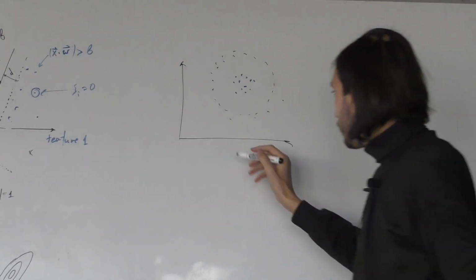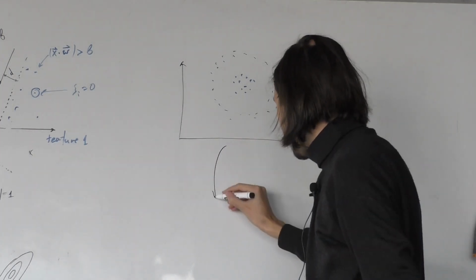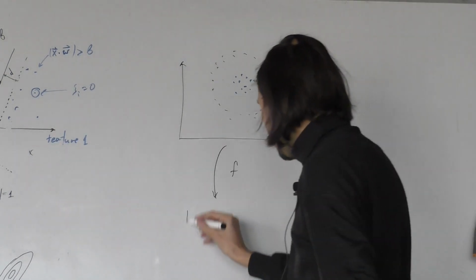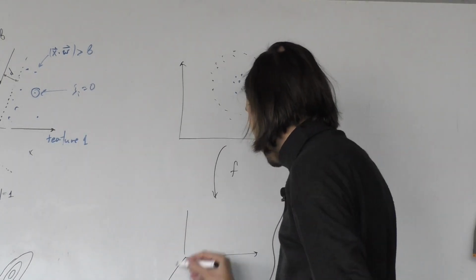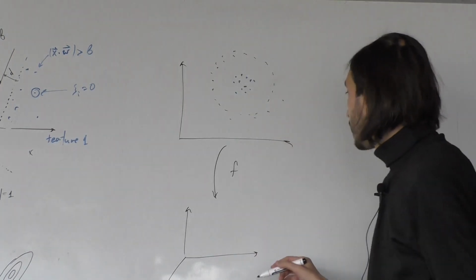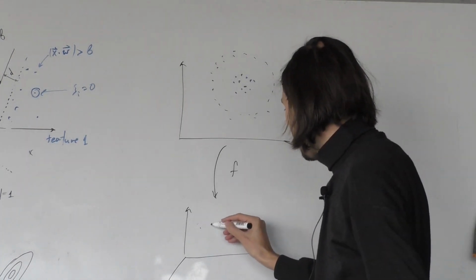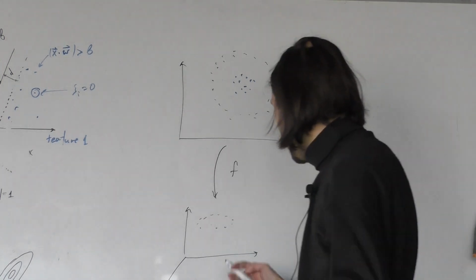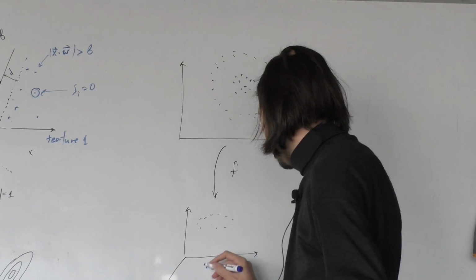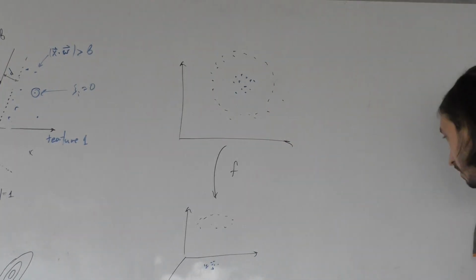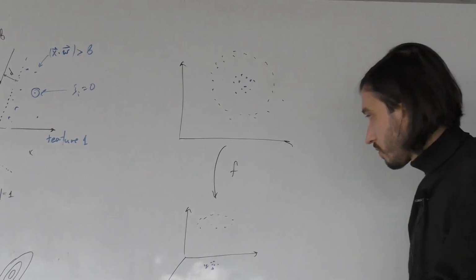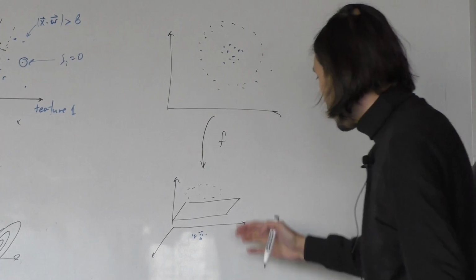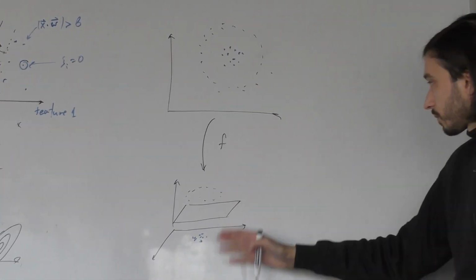Suppose now I have some transformation, some function f, that takes me to a 3D space, and maps these points somewhere in here, and these points somewhere in here. So now this is linearly separable. That's the part I have already shown you. I can draw a plane, and this plane separates my points perfectly.